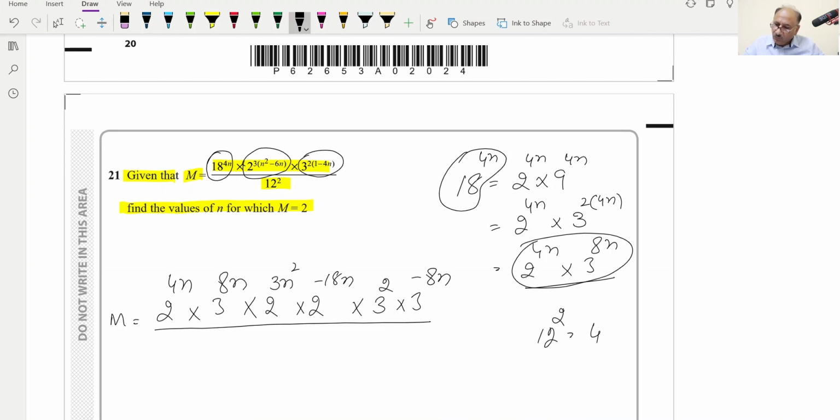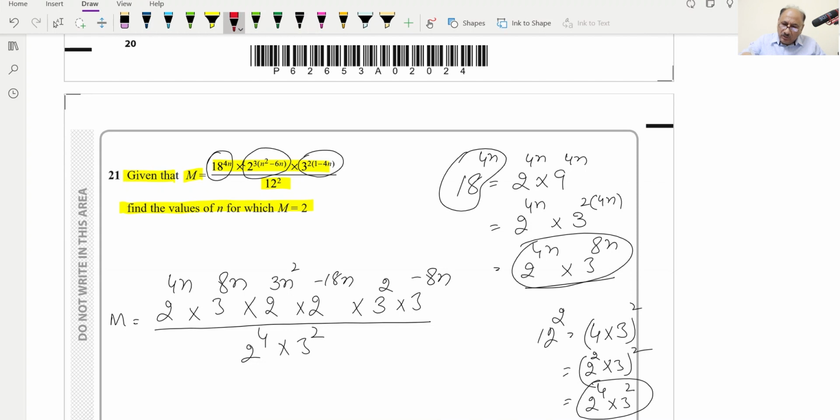We can write 4 into 3. 12 can be written as 4 into 3 whole raised to 2. And this one we can write 2 raised to 2. 4 we can write 2 raised to 2 into 3 whole raised to 2. And this can be written as 2 raised to 4 into 3 raised to 2. So this is what I'm writing as denominator, 2 raised to 4 into 3 raised to 2.